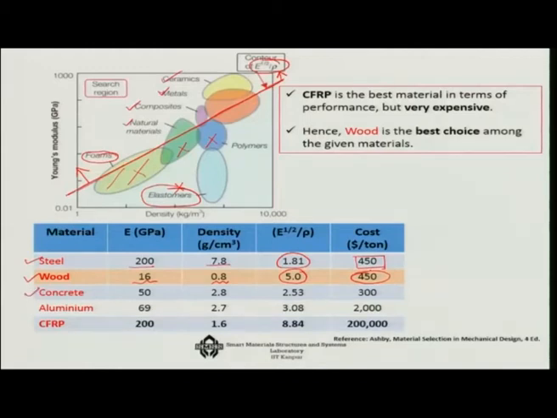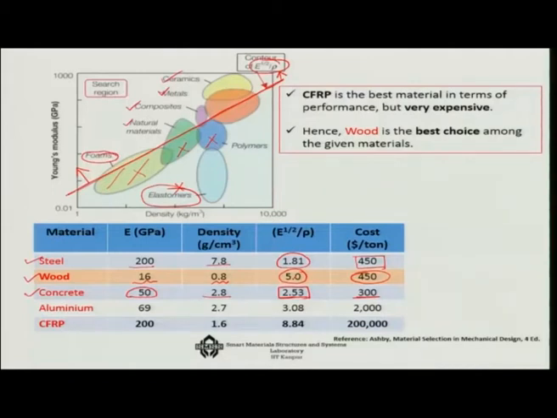Let us look at concrete. It has a modulus of elasticity of 50 gigapascal, density of 2.8 gram per cm cube. So, the factor will come out to be 2.53. Cost wise it is cheap, but this factor shows that it is not as good as wood.